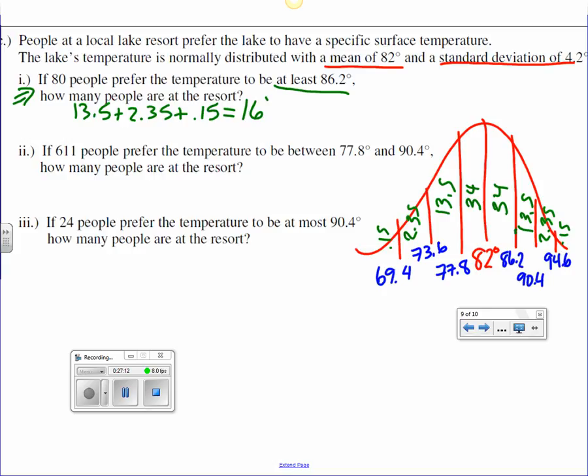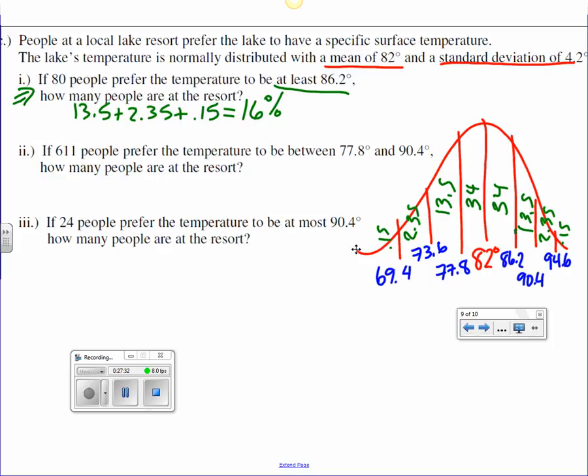Thank you. All right. Now, here's the kicker. 80 people prefer the temperature to be at least 86.2. How many people are at the resort? Is 80 my total or is 80 like my specific portion? It's your specific portion.